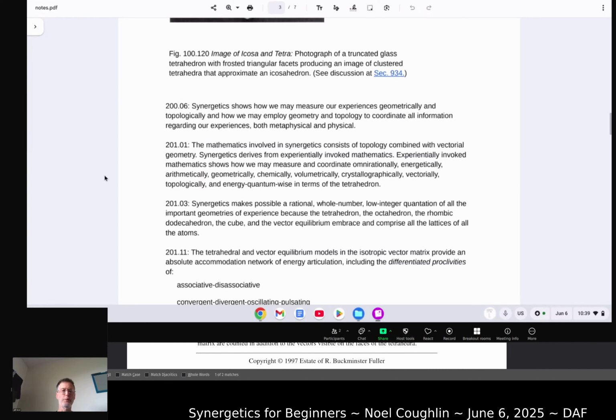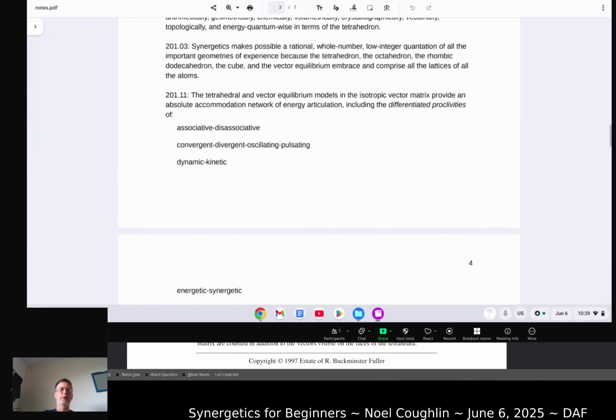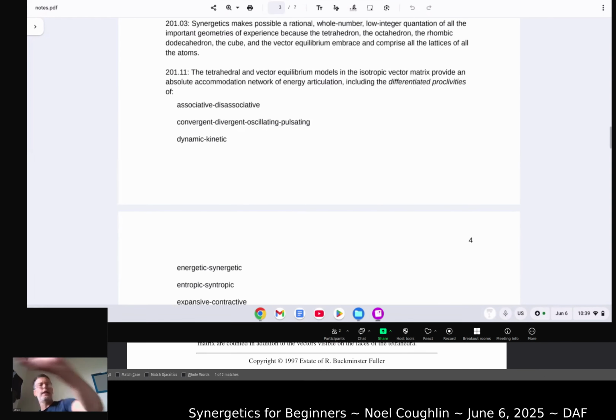So synergetics makes possible a rational whole number, low integer quantation of all the important geometries of experience, because the tetrahedron, the octahedron, the rhombic dodecahedron, the cube, and the vector equilibrium embrace and comprise all the lattices of all the atoms. So this is where his unified field, or the unifying everything, what do you call it?